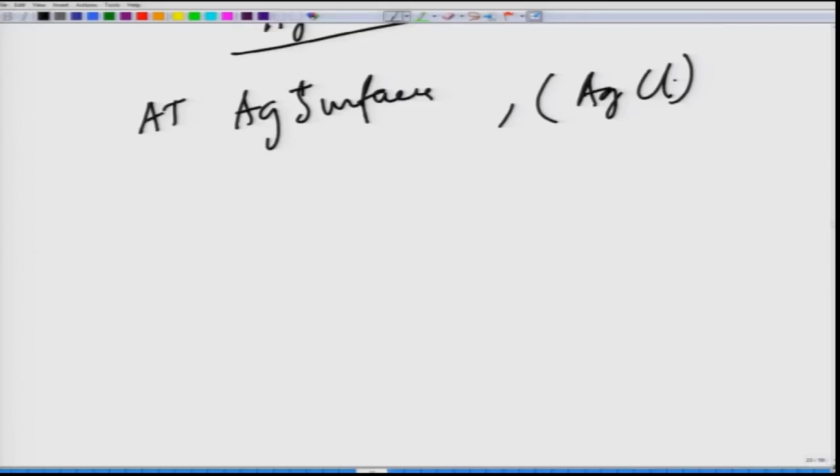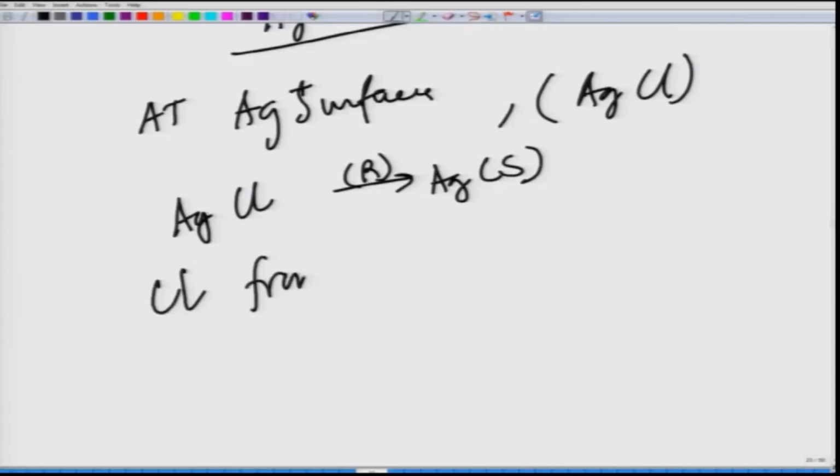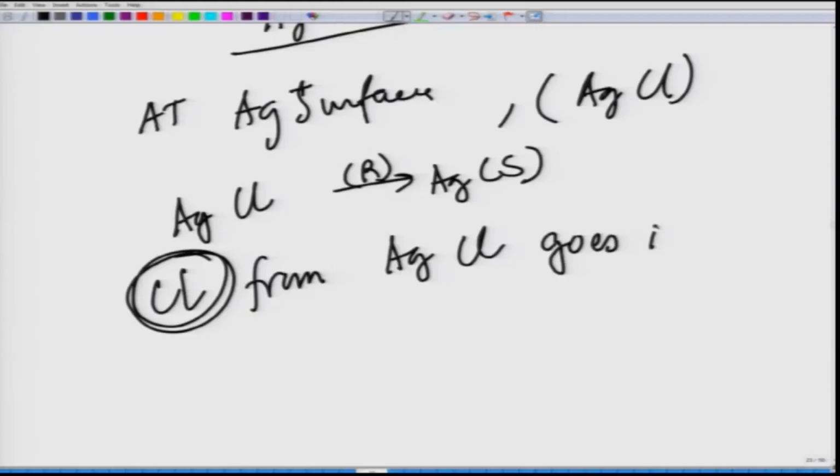So, keep in mind it is not the pure Ag, it is AgCl. From AgCl is reduced to Ag solid, okay, and keep in mind this is the chloride from AgCl that goes into solution.